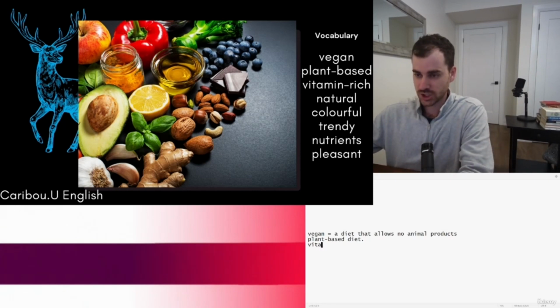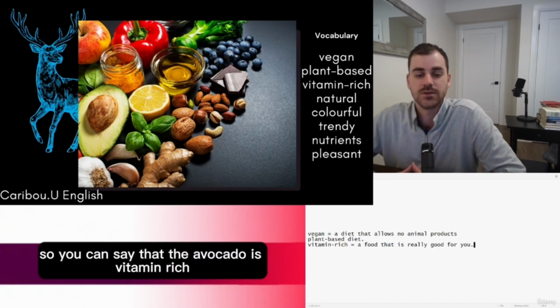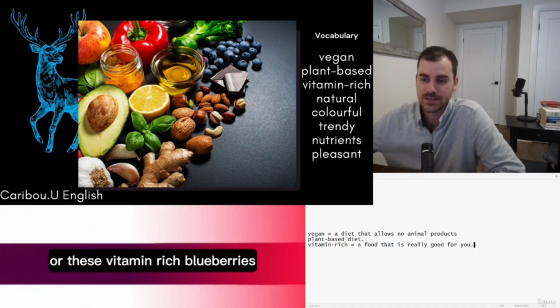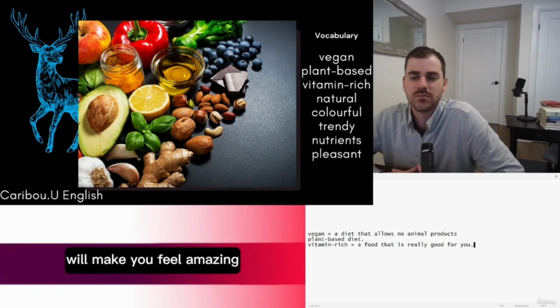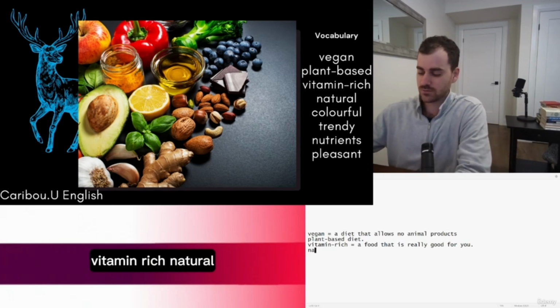Vitamin rich. That means a food that is really good for you. So you can say that the avocado is vitamin rich, or these vitamin rich blueberries will make you feel amazing. Natural.